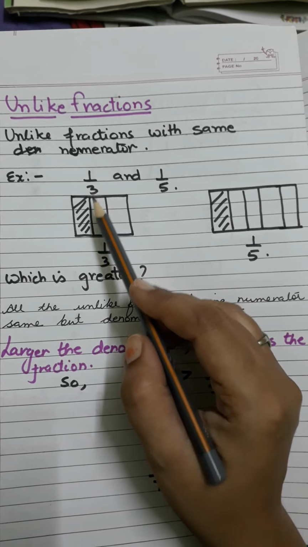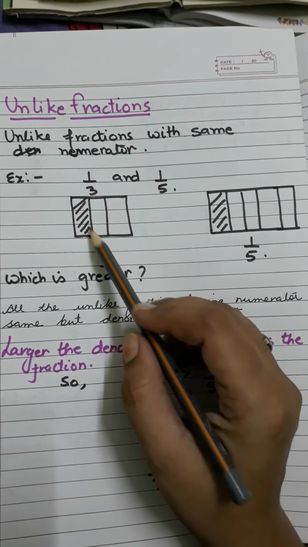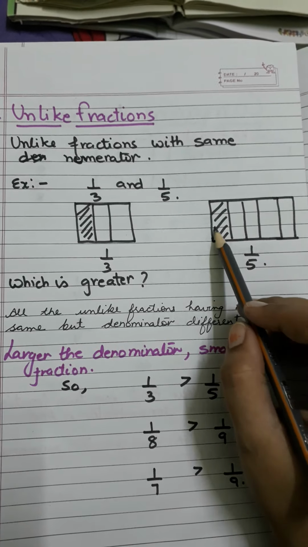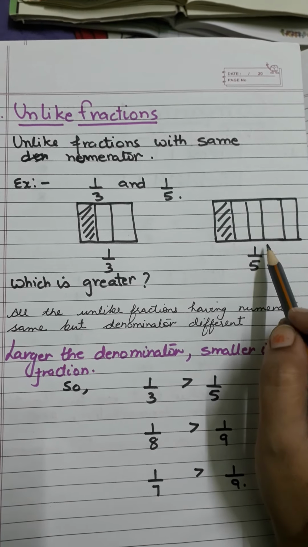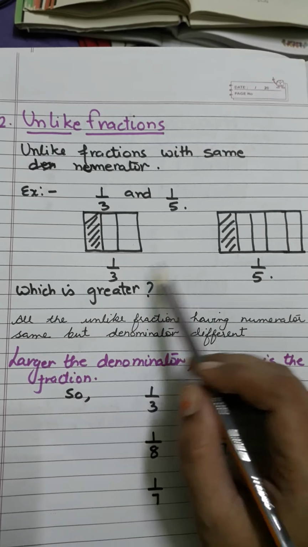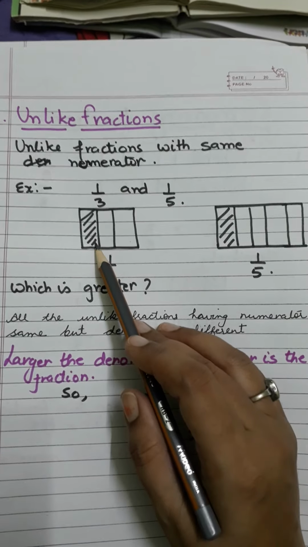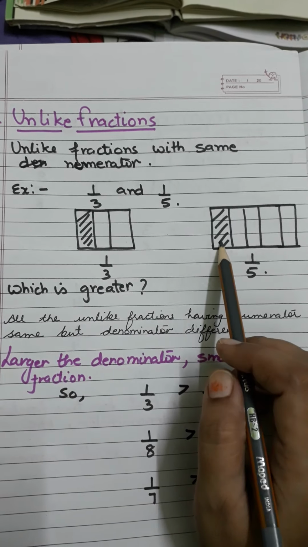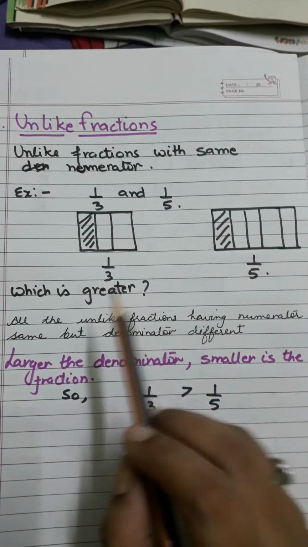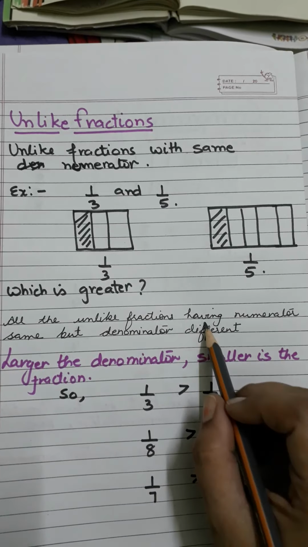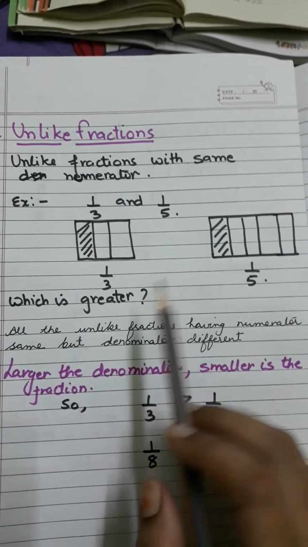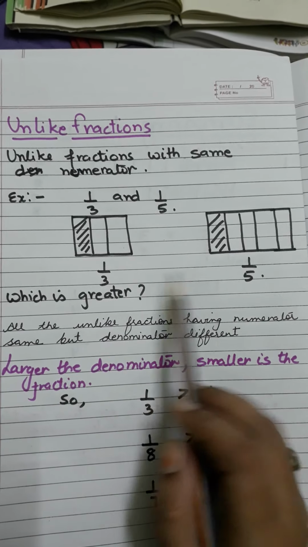So 1 by 3 represents one part out of 3 shaded, and 1 by 5 represents one part out of 5 shaded. So now which is greater? You are confused here because here one part is shaded and here also one part is shaded out of a total of 5 parts. So here the numerator is the same but the denominator is different.